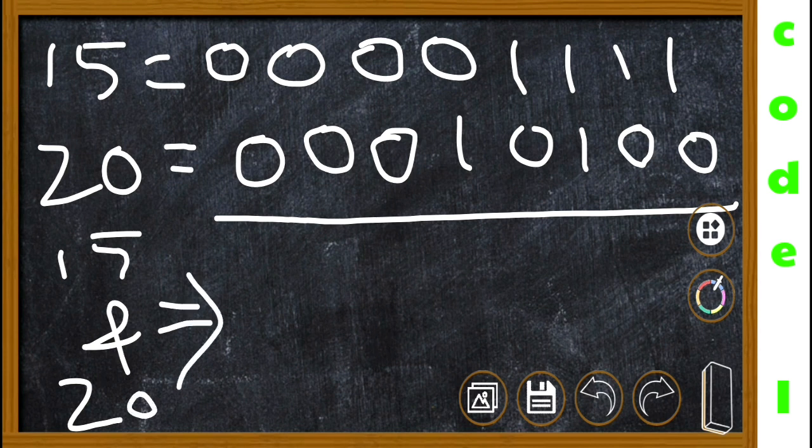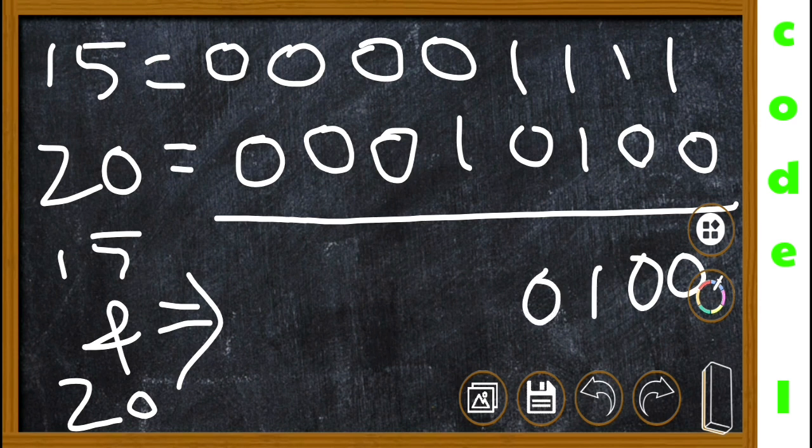Let's see what would be our result. As I have told in the definition, when the bitwise AND is used, if both the operands have ones, then our answer will be 1, and if any one of the operands has 0, our output will be 0. So here in both operands we have 1, so our answer is 1.